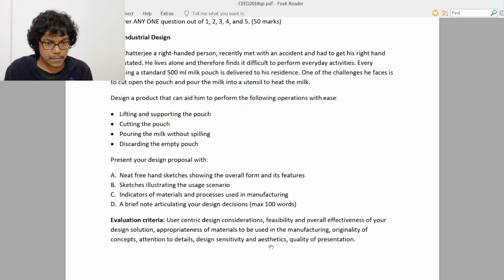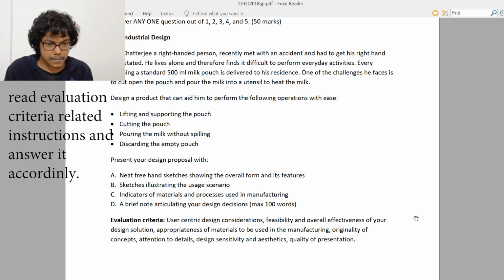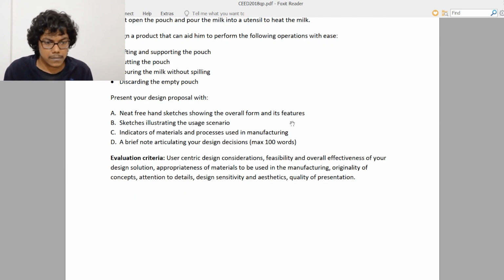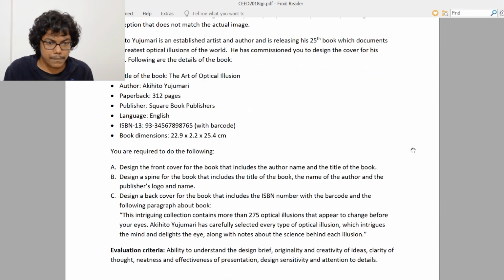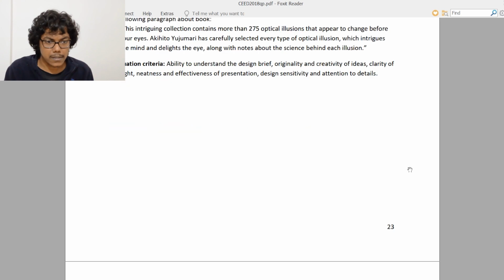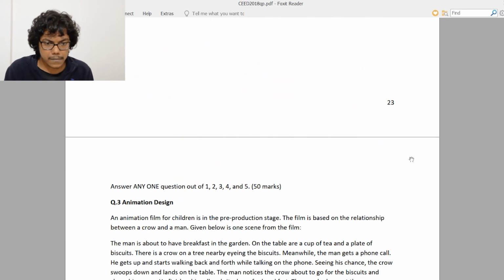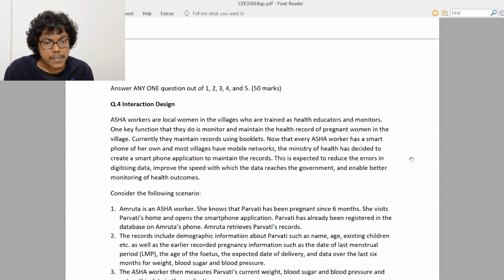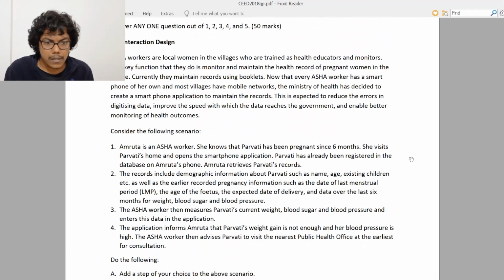Okay, so I just read these questions and I just read evaluation criteria and how I have to propose the design, like the presentation type, and so you plan this out instead of reading other department's questions. Like if you're confident about the other discipline, then you can go with that.